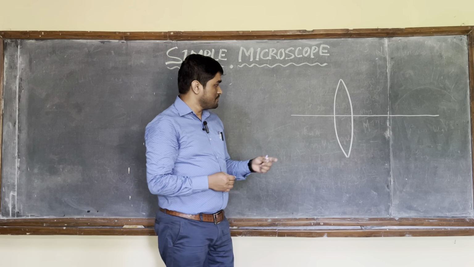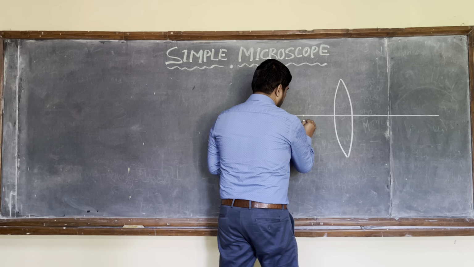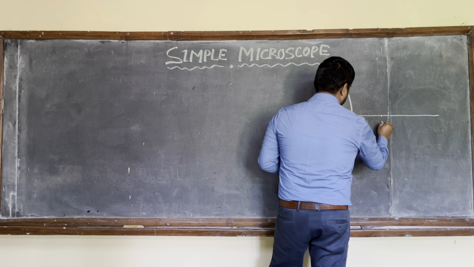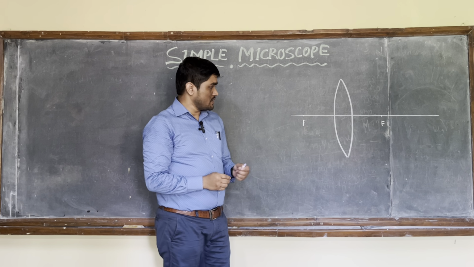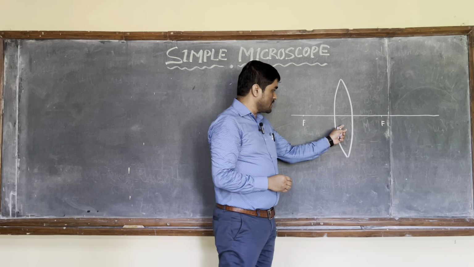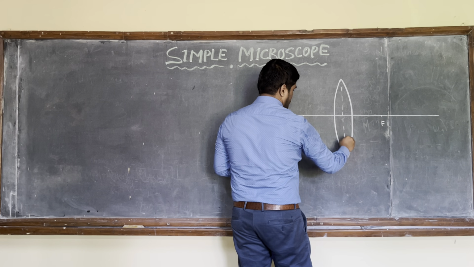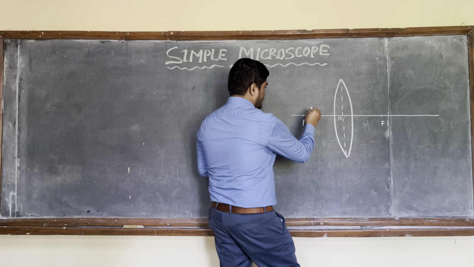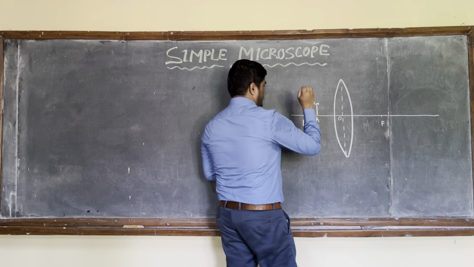That means here, if this is the focus F, this is the another focus F. That means you have to place the object in between the focus and the center of curvature O, and let this is the object AB.